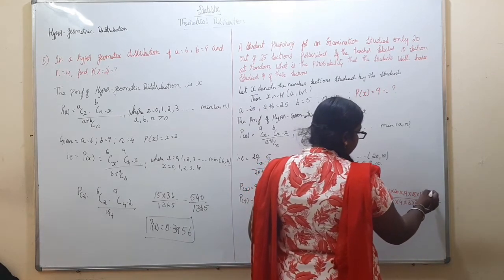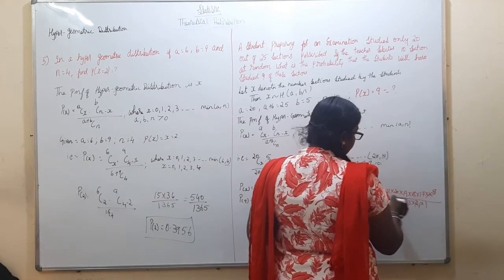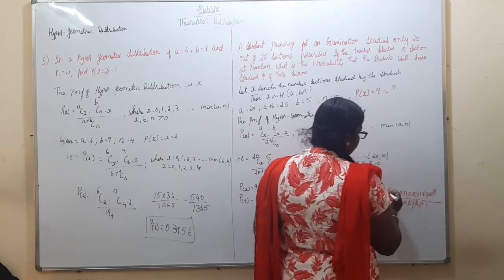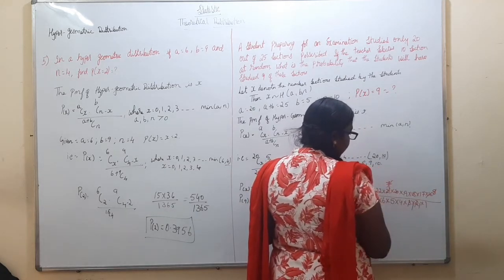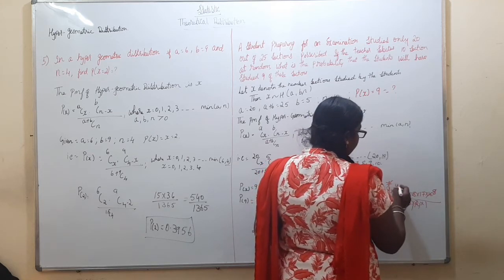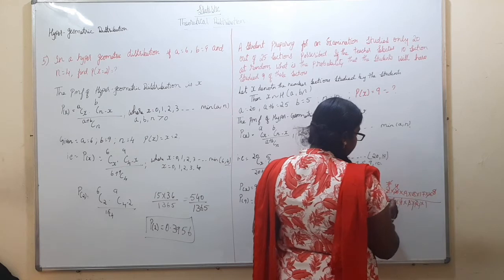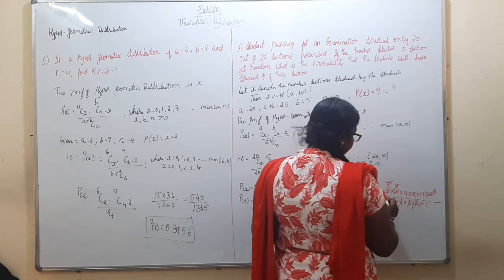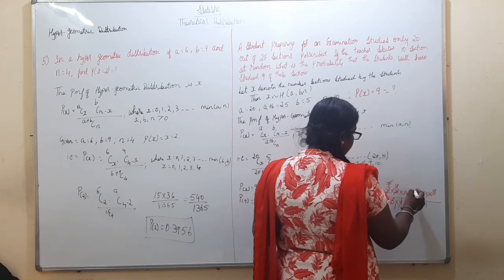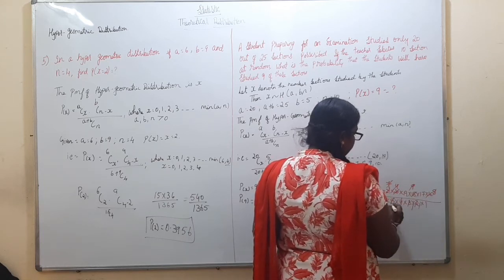8 will get cancelled. And then 7 will get cancelled. 4 will get cancelled. And 9 will get cancelled.